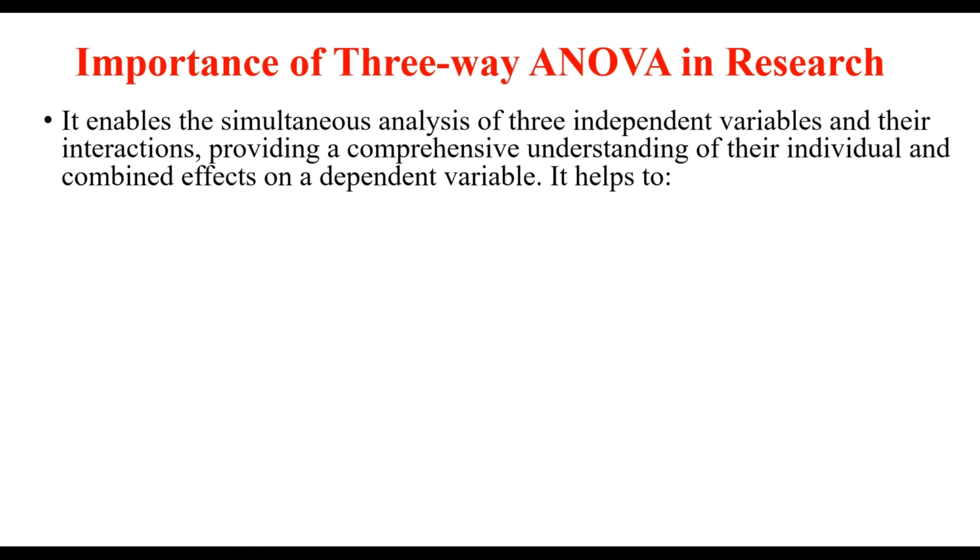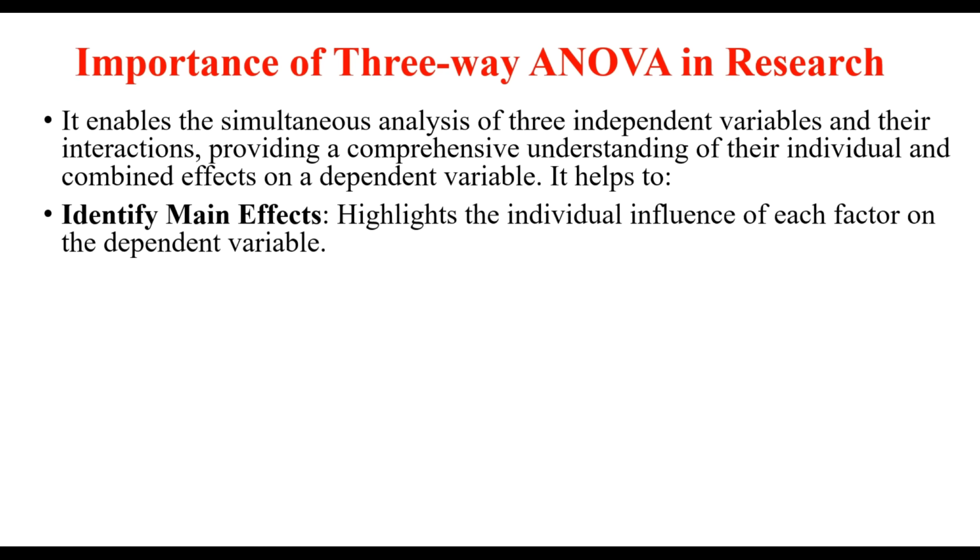Okay, so in this case, you have three independent variables and one dependent variable, and you want to know the effects and at the same time the interaction effects on the dependent variable, which must be a continuous variable this time. And so it helps in identifying the main effects. So this highlights the individual influence of each factor on the dependent variable.